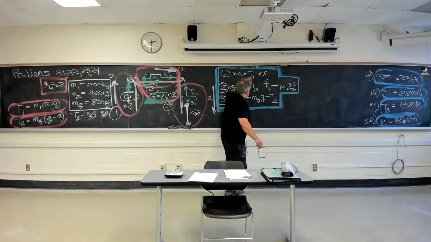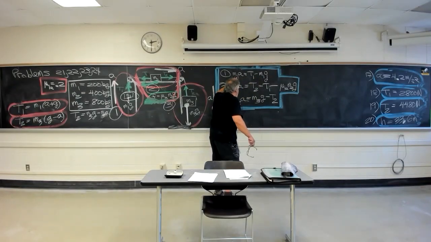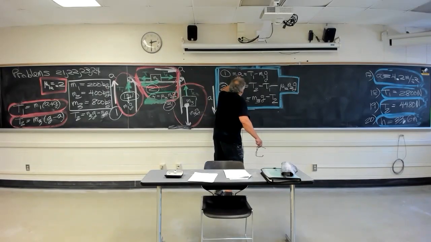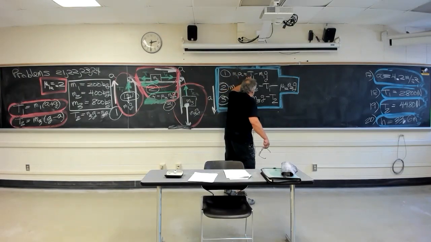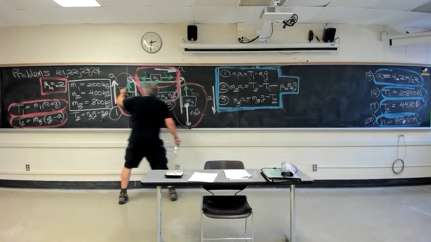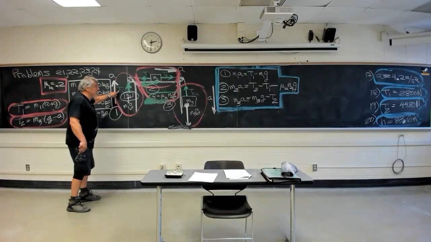If T1 is smaller than what it was earlier, this is a smaller value for that, which means a smaller acceleration. We already knew it was going to be small. The only way you can get a smaller answer here, M1 isn't changing, the mass isn't changing, A has to be a smaller value. And for A to be a smaller value, T1 has to be smaller. This guy can't pull as forcefully to make this thing go with a very strong jolt, which makes sense. Acceleration is smaller, so T1 would have to be smaller.